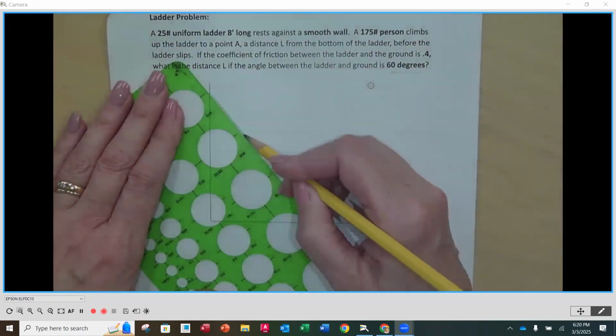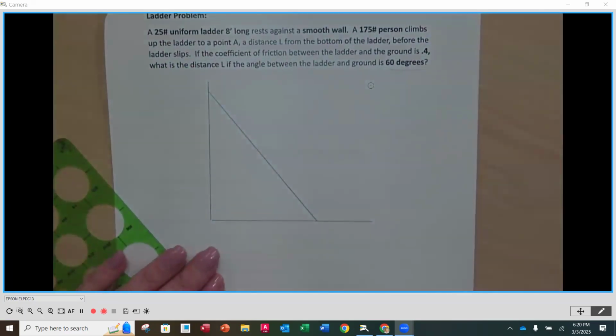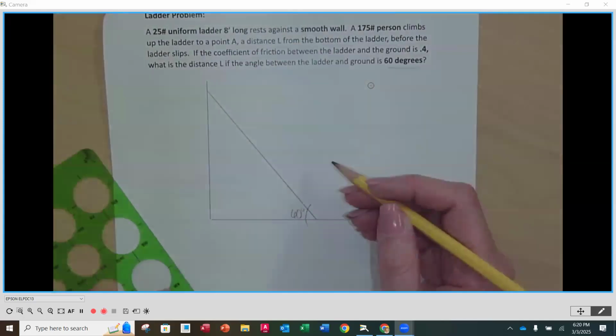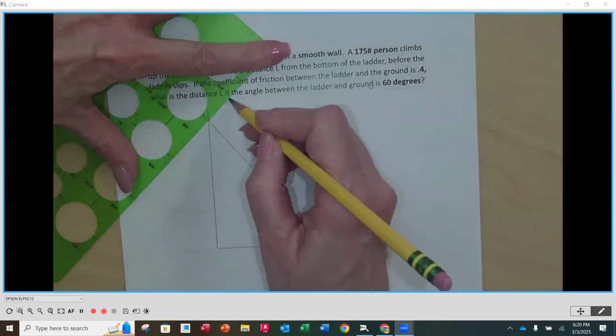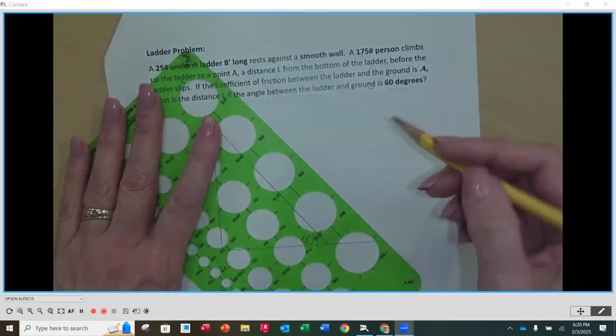So maybe something like about like this. This is going to represent my ladder. So this is going to be my 60 degrees. Now the entire length of my ladder is going to be 8 feet.